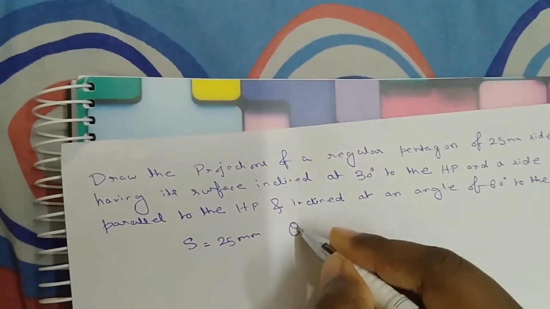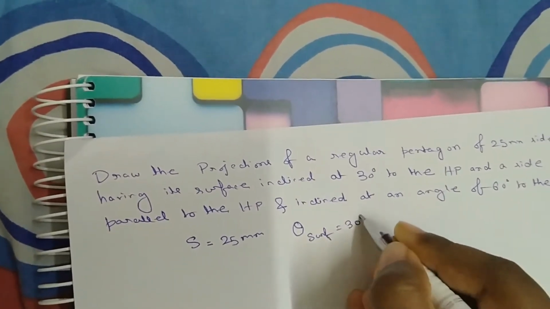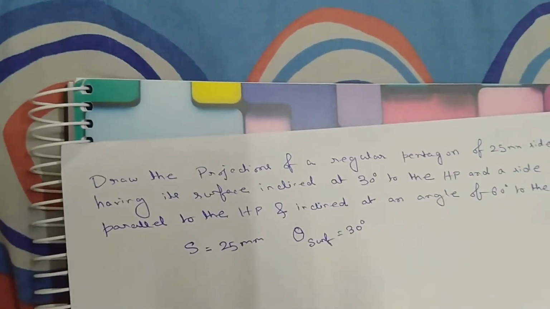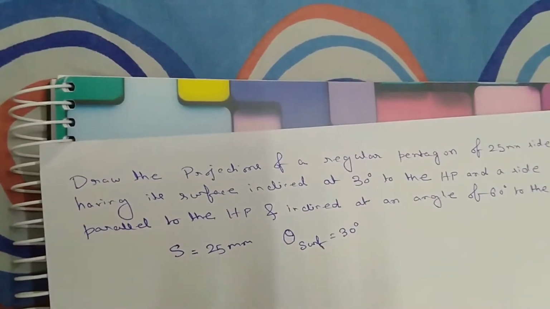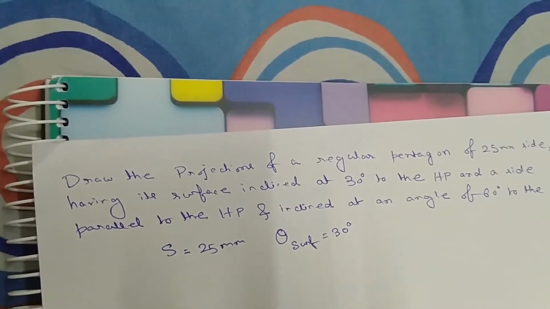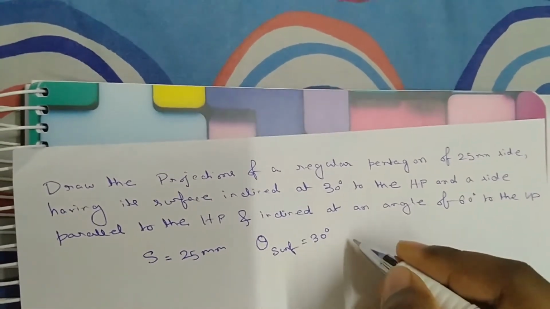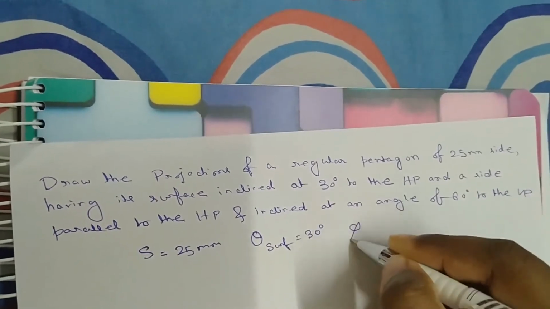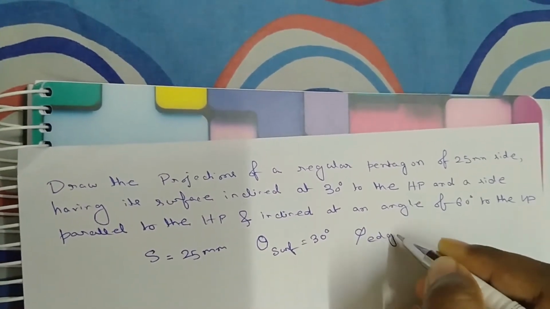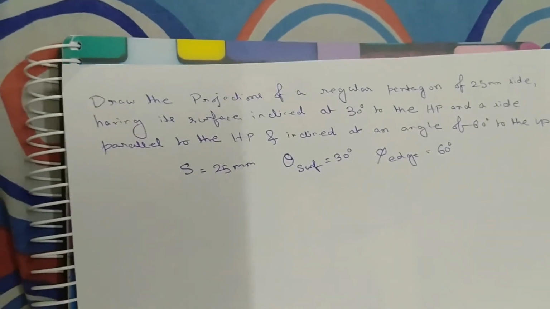Obviously that will be theta, and this is surface 30 degree, and a side parallel to HP and inclined at an angle 60 degree to VP. So that will be phi, edge is 60 degree.